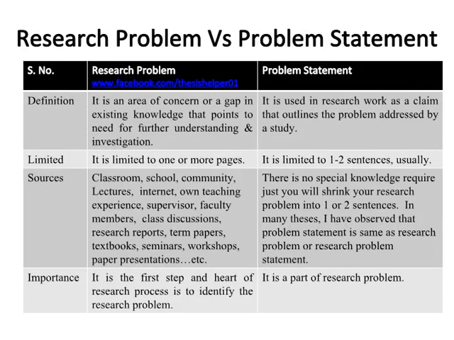Research problem versus problem statement. The research problem is an area of concern or a gap in existing knowledge that points to the need for further understanding and investigation, while a problem statement is used in research work as a claim that outlines the problem addressed by a study. The research problem is limited to one or more pages, while a problem statement is limited to one or two sentences, usually.